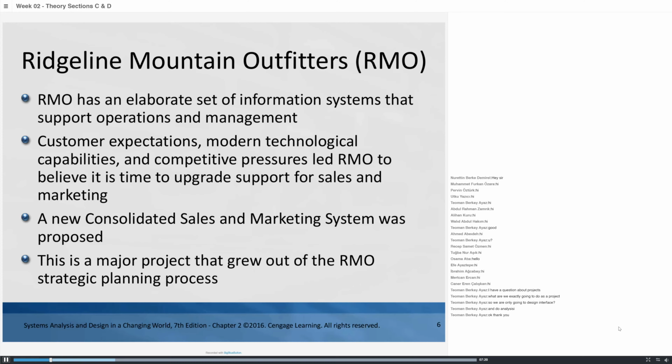We need a new consolidated sales and marketing system. We will seek opportunities to create those systems. Also, we will update the necessary existing services. This is about making the Ridgeline Mountain Outfitters system up to date.